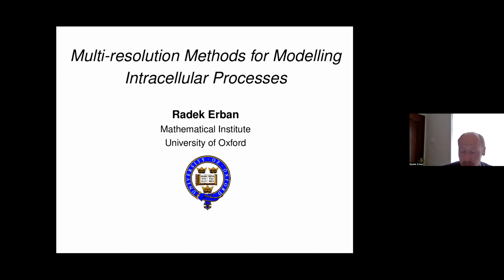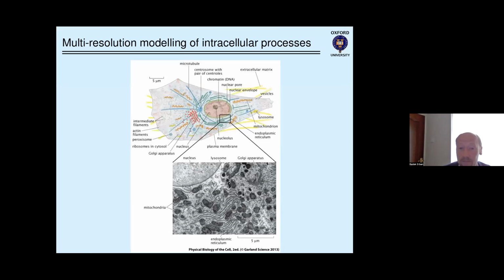My talk starts with a textbook picture of a eukaryotic cell. This is just taken from a textbook, to highlight that currently we have a lot of information about intracellular processes. We know a lot of details, and if we zoom into any particular region of the cell, we see even more information.